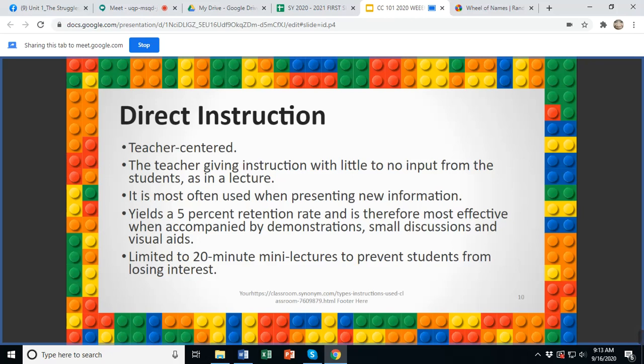When you hear the term teacher-centered, this is the traditional way of giving lectures where the student has no voice inside the classroom. They just come in and listen. That's it. That's the direct instruction.